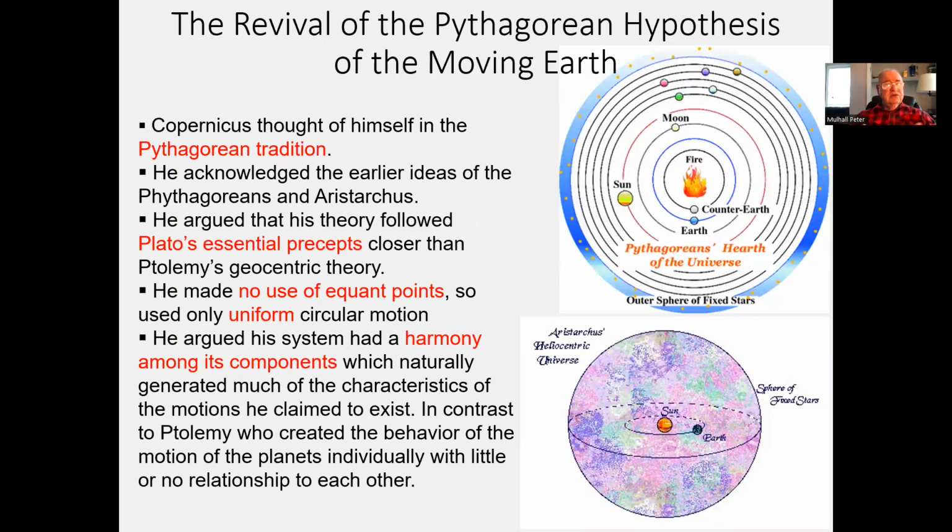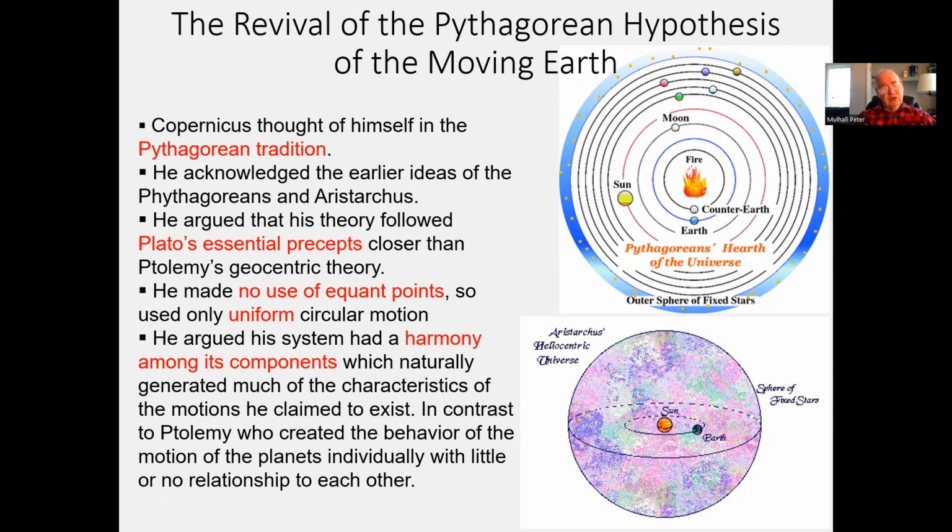Okay, so Copernicus, where does Copernicus come from? Copernicus is a humanist, okay? Copernicus is someone who is educated in the classical world. He knows everything about the classical world. He reveres the classical world.